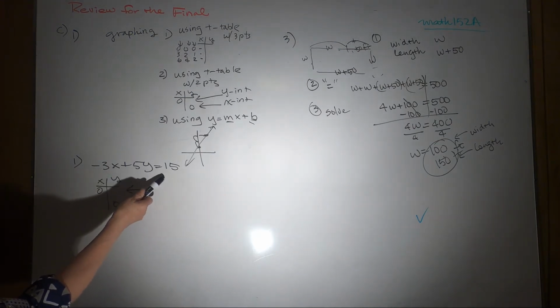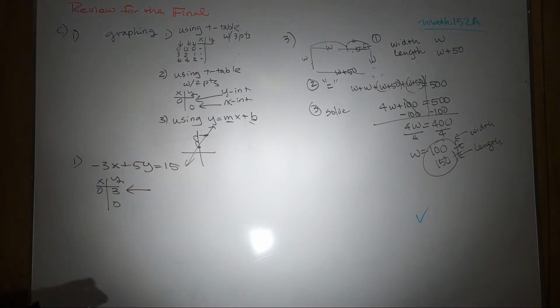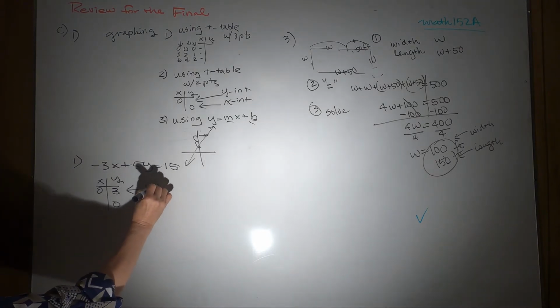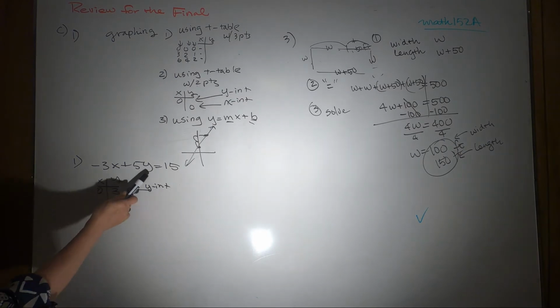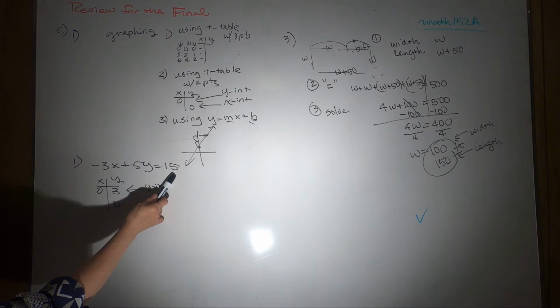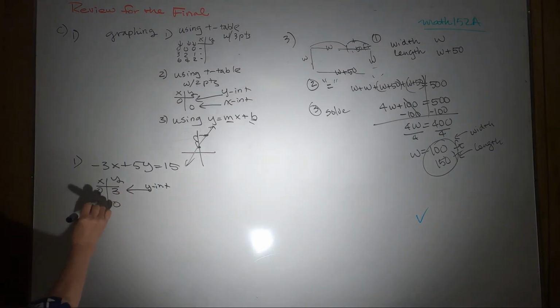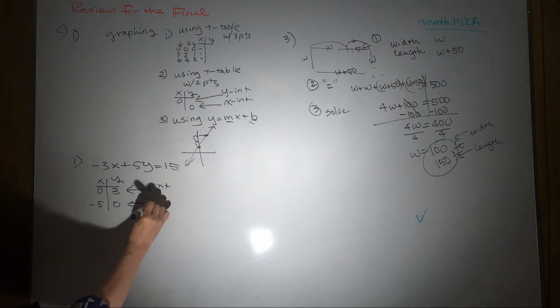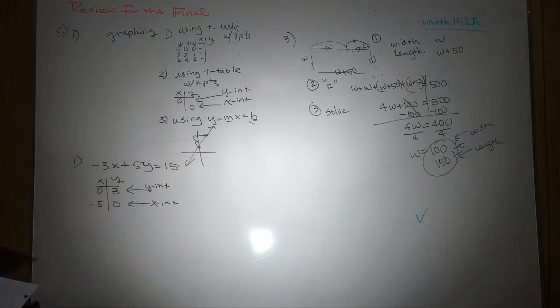Y would be 15 divided by 5, that would be 3, right? So that's your y-intercept. If y is 0, you plug in y is 0, 3x equals 15. So divided by 3, x would be 5, right? That's your x-intercept.